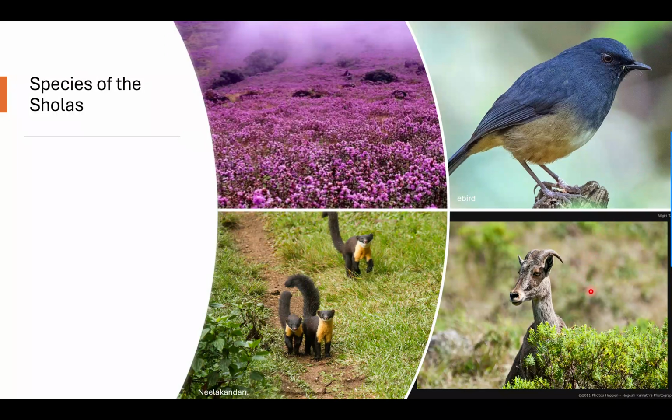So there is another species called Himalayan Thar. That is predominantly seen in the greater Himalayas, right? But its closest relative is in the Western Ghats, in the southern Western Ghats, especially in the Nilgiris, which is in Tamil Nadu, right? So the distribution is really unique, the way these two species are present in such distant locations.